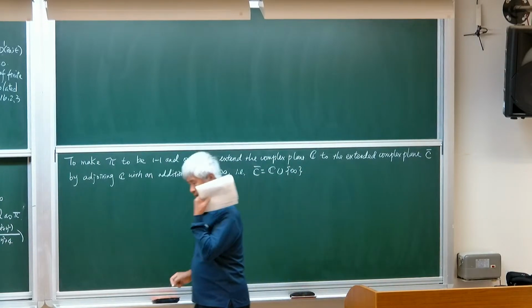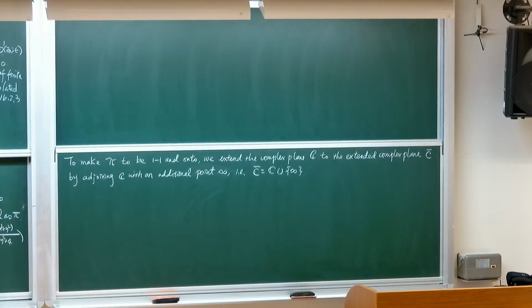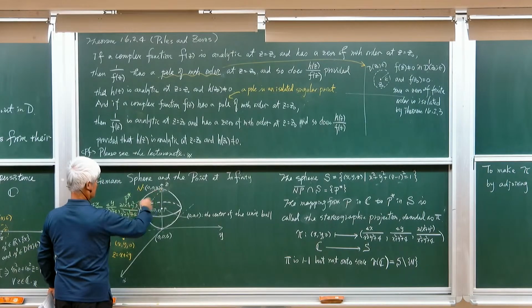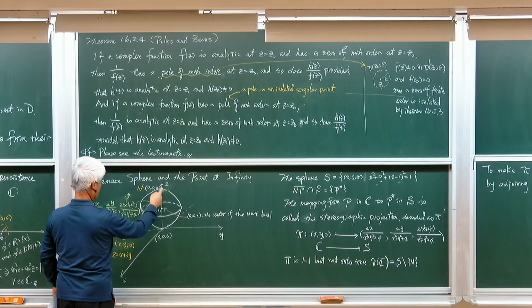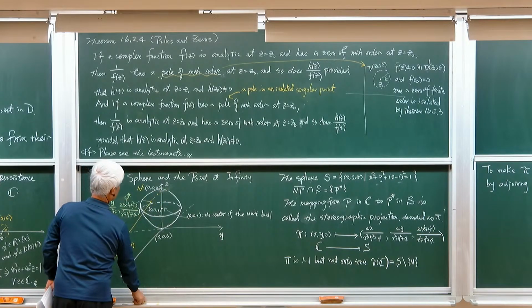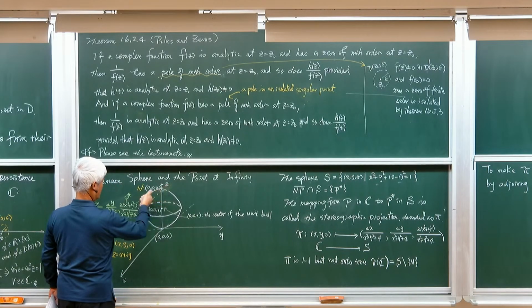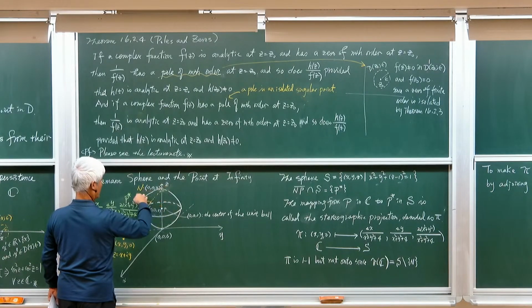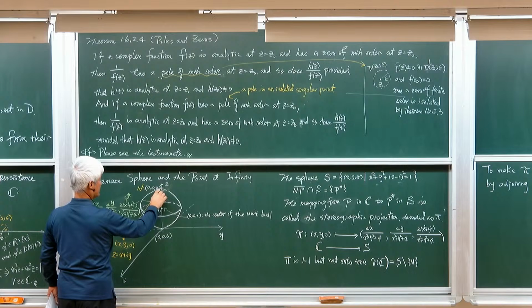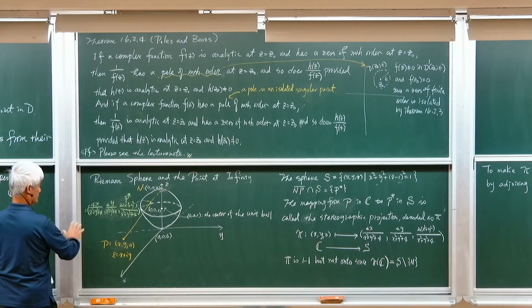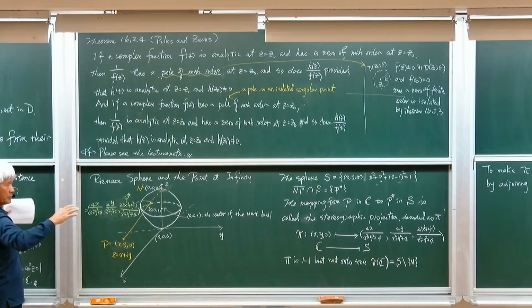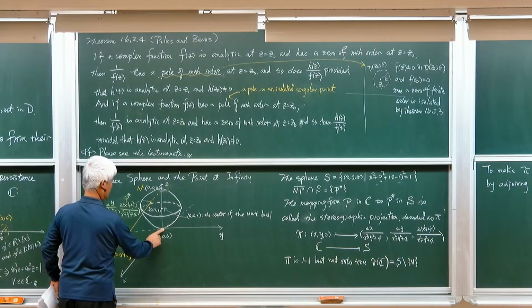And why we call it infinity is that if we think about the projection going parallel or tangent at the North Pole, then you can see that points near the North Pole will project to points which are very far away from the origin.